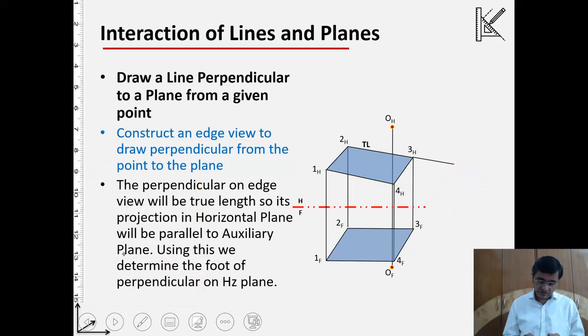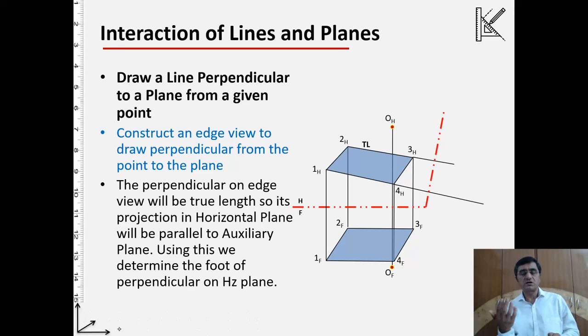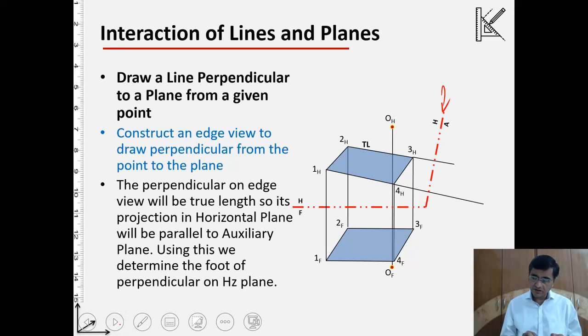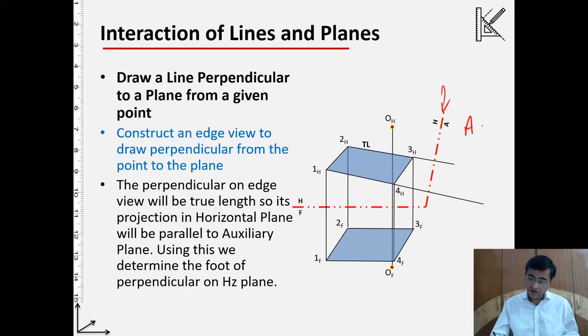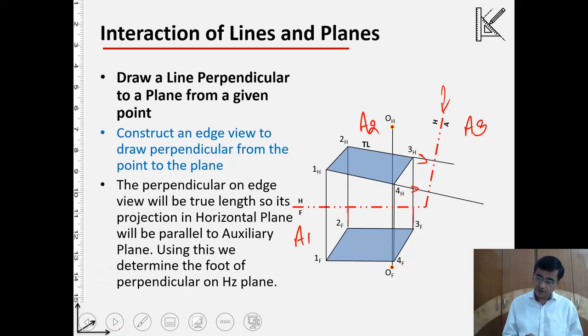So using this, I am now constructing the edge view. Yes, I have identified the hinge, because we know how to construct the edge view of a plane. And then on this is my A3, this is my A2, and here is my A1. So I will be taking the distances from A1, putting them on A3 along the projectors from A2. Let us do it.